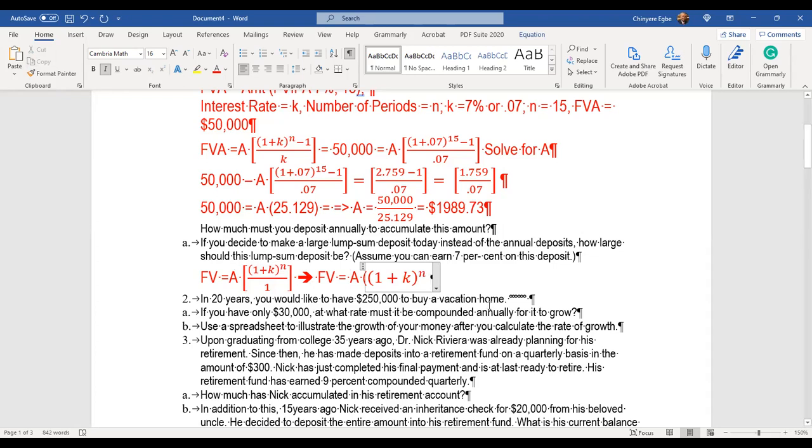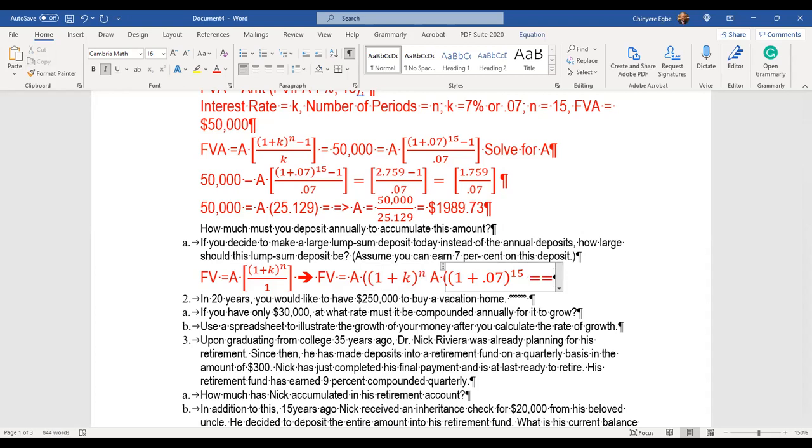Okay, so again, if you take this, the future value would be 1 plus 0.07 to the power 15, and that should give us what? Okay, so what is 1.07 to the power 15?